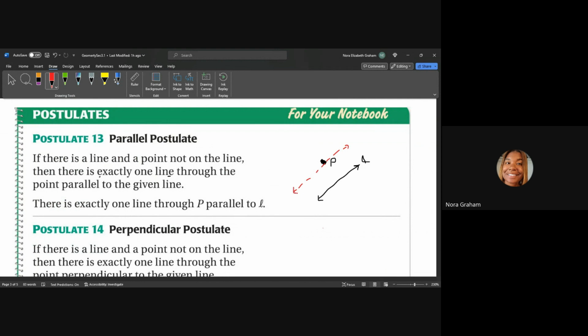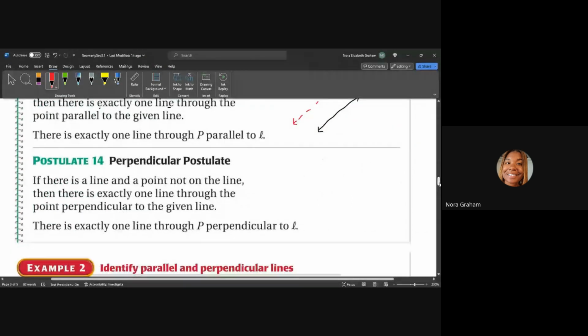All right. And the perpendicular postulate is very similar. If there's a line and a point not on the line, then there is exactly one line through the point perpendicular to the given line.